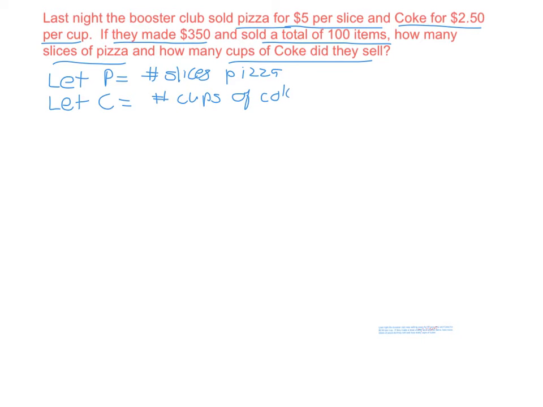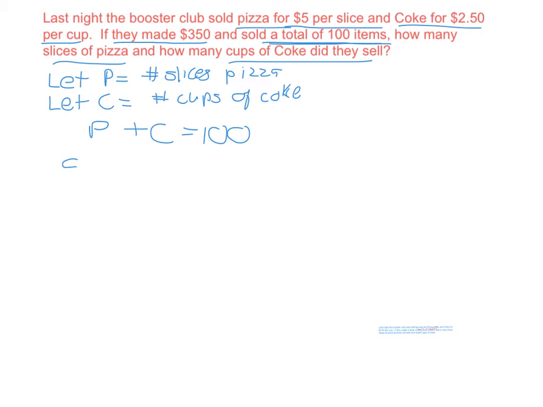So they've given me two bits of information, that they sold 100 items altogether. This is going to give me one of my equations about the number of items. 100 items, some of those were slices of pizza, and some of those were cups of Coke. I don't know how many of each yet. My other equation will deal with the price of each.